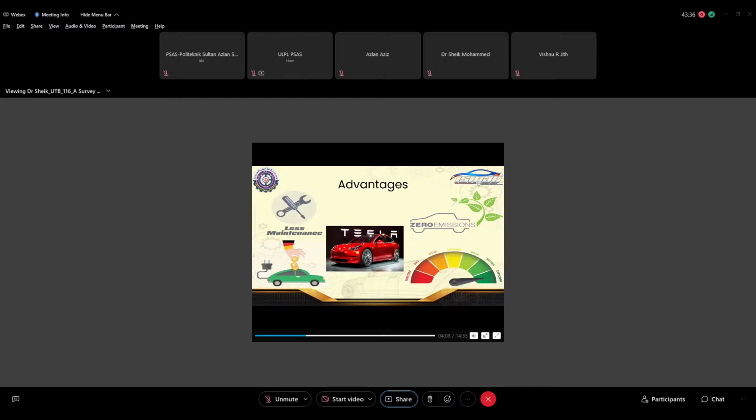And in recent times, whenever we think about electric cars or whenever somebody is talking about electric cars, the first car which comes to our mind is Tesla, and we must thank Tesla for making electric cars famous among the public across the world.